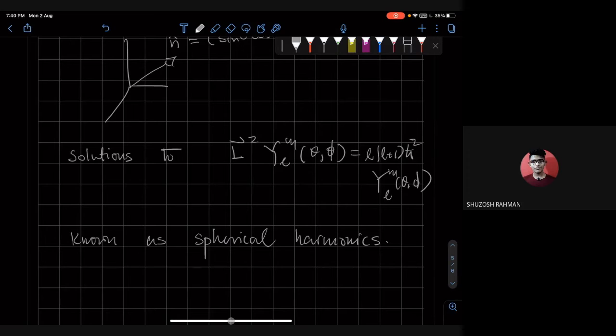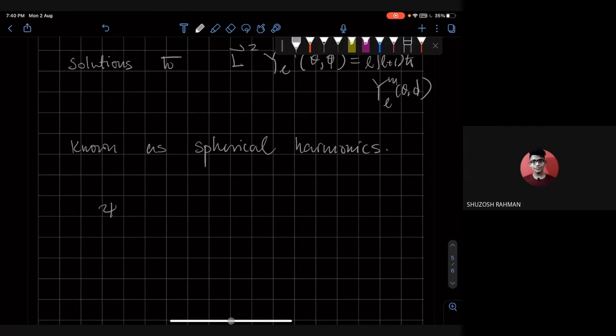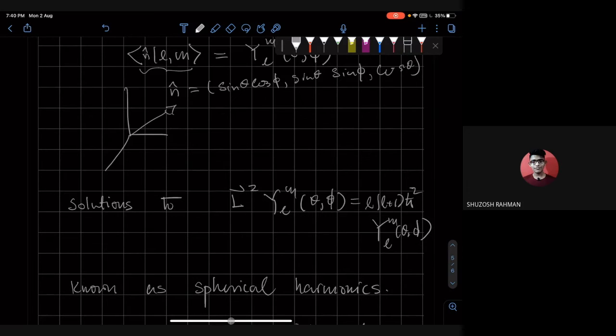So if you remember, if I have some wave function psi of x, we can just express it in terms of A of p times e to the power minus i(kx minus omega t), and so on. And this was the Fourier expansion. Here, essentially this is written in the Cartesian coordinate system.